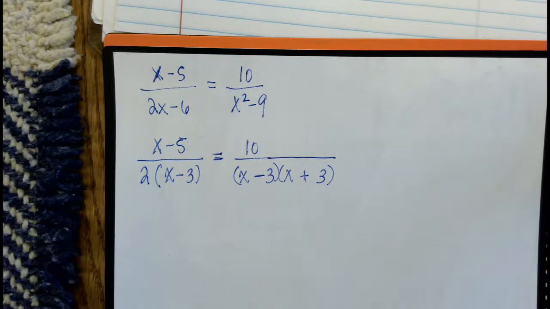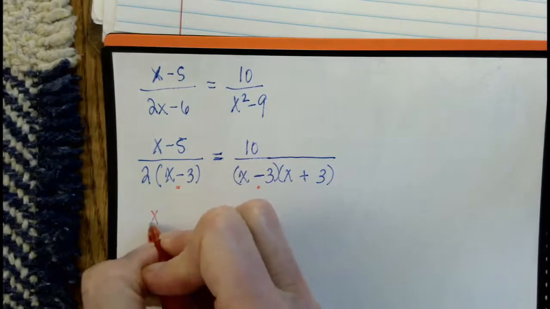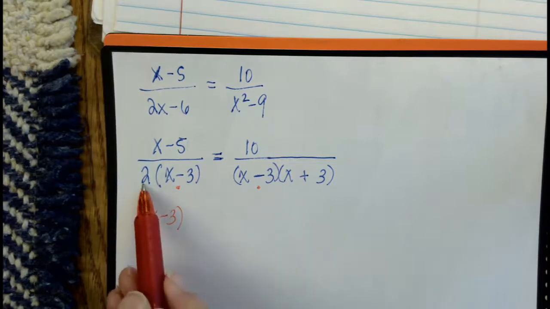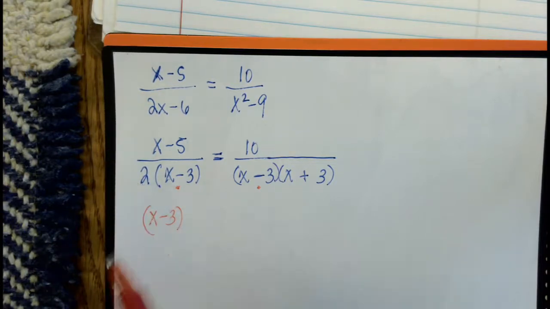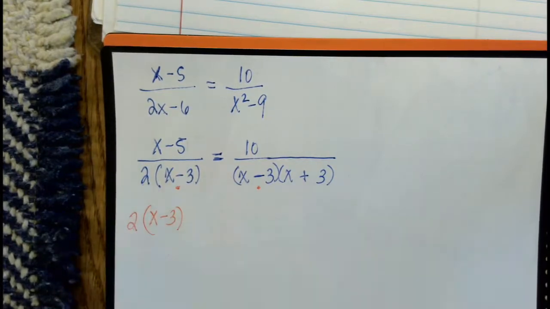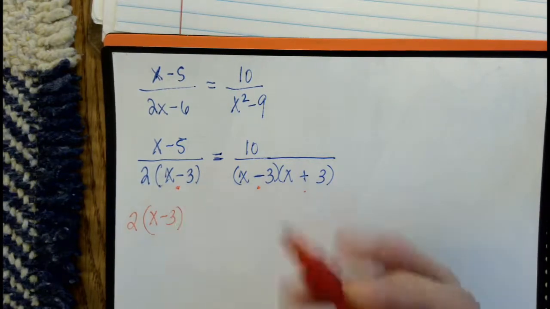Because when we're finding the common denominator on this one, what we're looking for, first of all, is do we have anything that's the same? Well, we've got an x minus 3 that's the same. And then what's different? Well, in this fraction, we have a 2. Over here, we don't have a 2. That 2 has to be part of the common denominator. In this fraction, we have an x plus 3. Over here, we don't have an x plus 3.